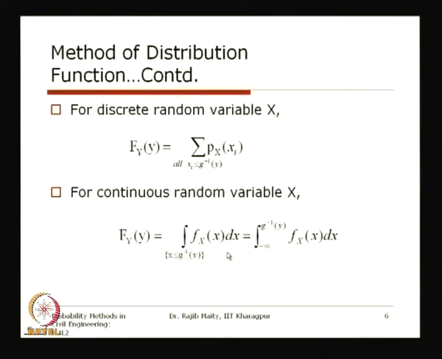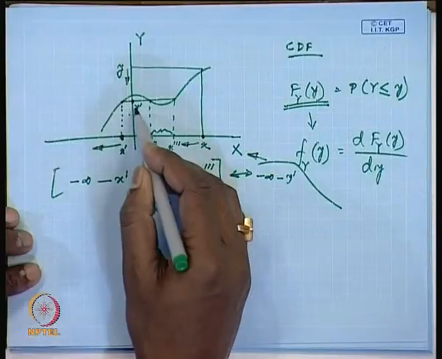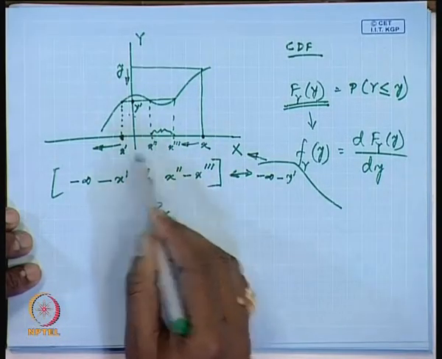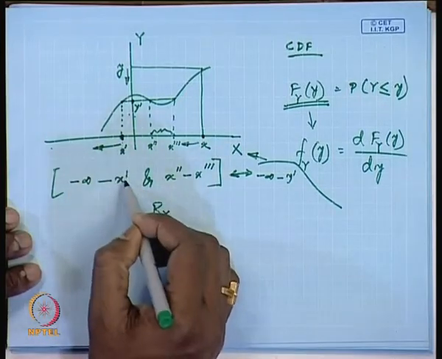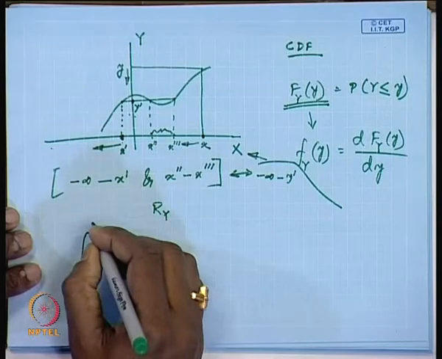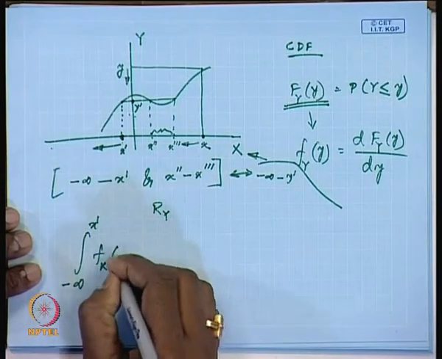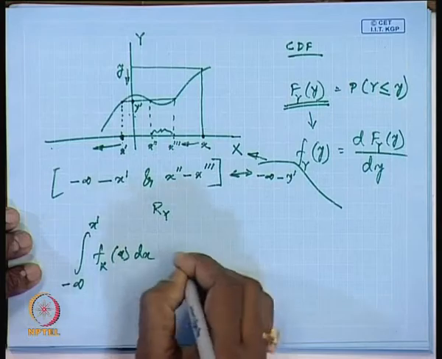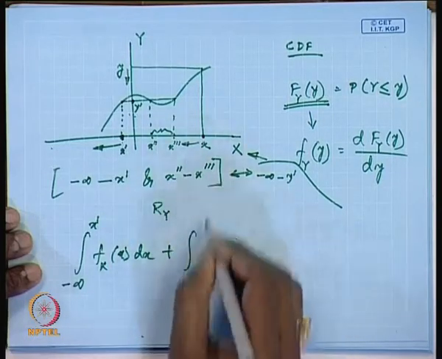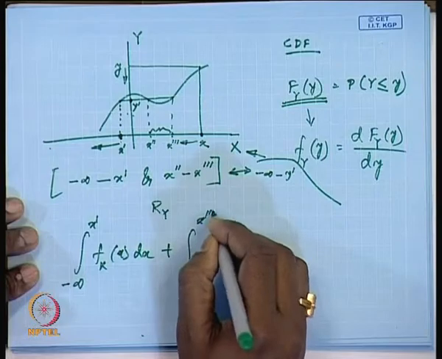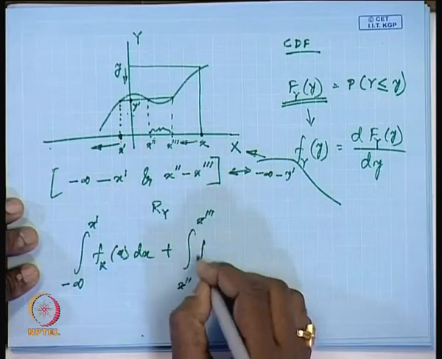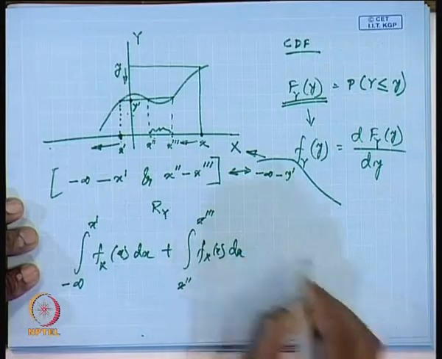Even though this is shown in a compact form, it may not be so, depending on how many roots are available. For example, in the figure we have shown, the integration must be the summation of two parts: the integration from minus infinity to x prime of f_X(x) dx, plus another integration from x double prime to x triple prime of f_X(x) dx.